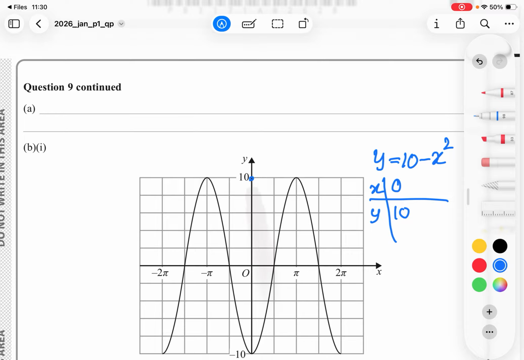X is 0, y is 10. And also we can see when y is 0, x is going to be the other one. So it's going to be root.